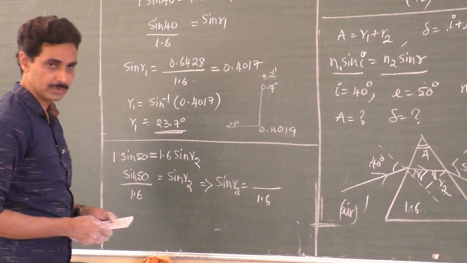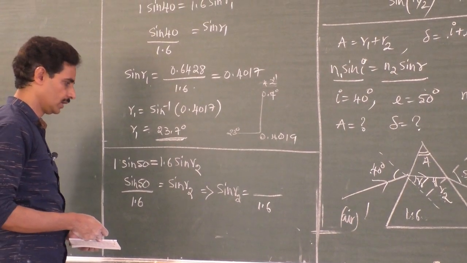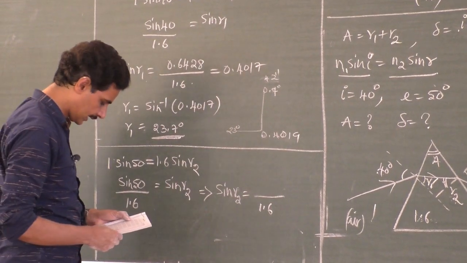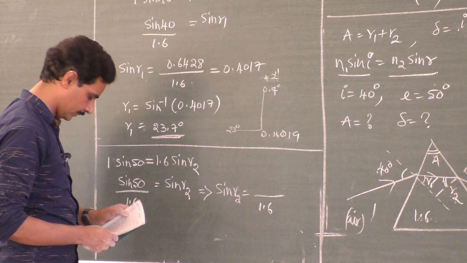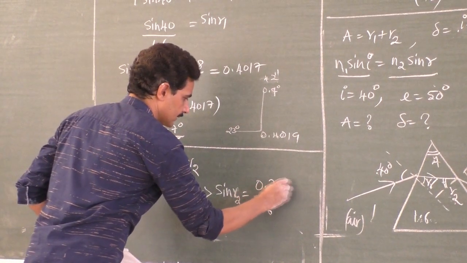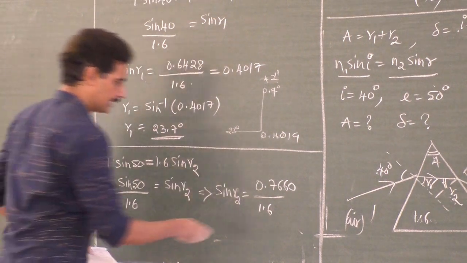You should be in the natural sines column. See whether your page is natural sines or logarithmic sines. It should be natural sines. So 0.7660. Correct?